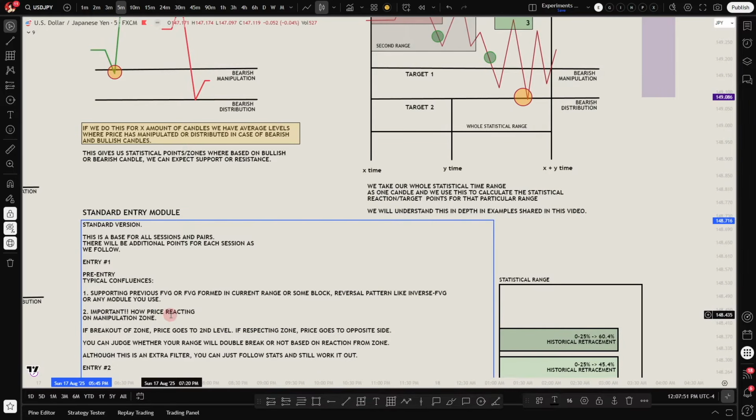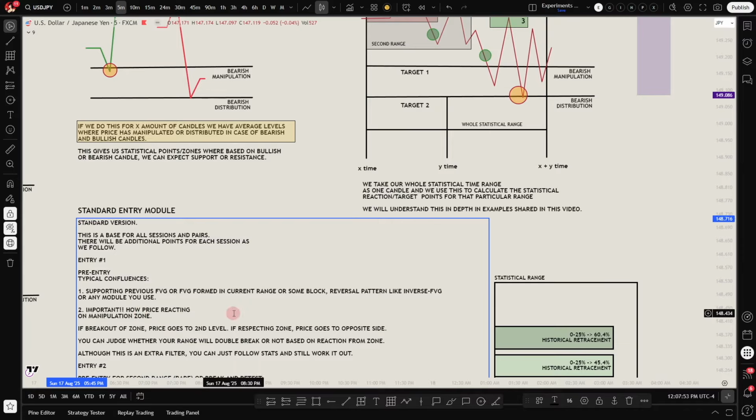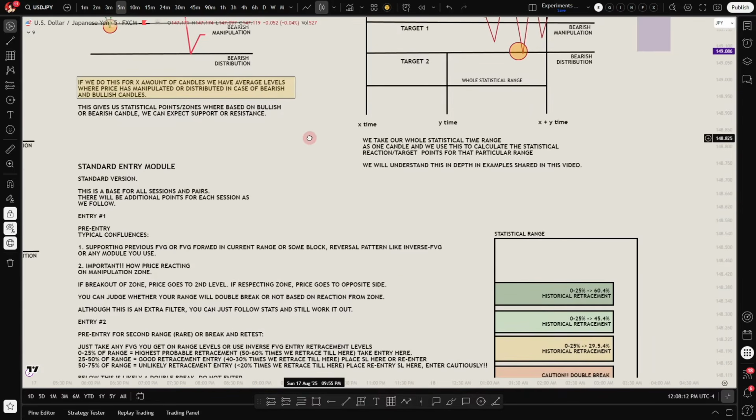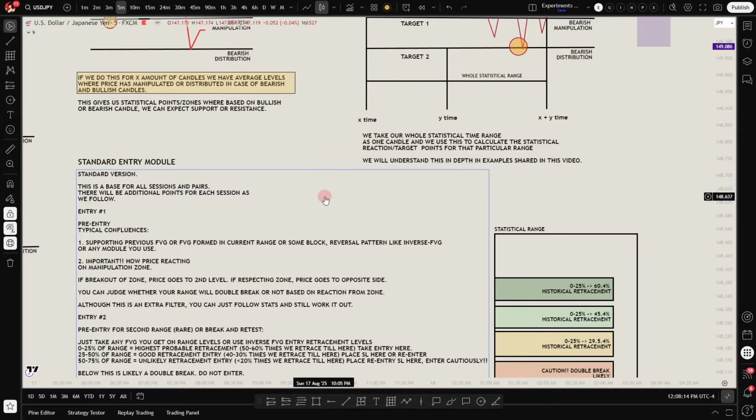If price respects the manipulation zone, we may see a reversal. If price breaks out of the manipulation level, it will likely continue toward the distribution level, where another reaction is expected. This behavior also helps us judge whether the range is likely to double break or stay contained. Even without this filter, the entry framework works reliably. Examples later in the video will make this clearer.